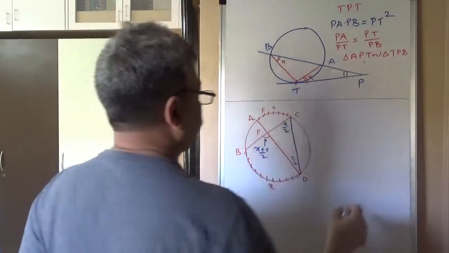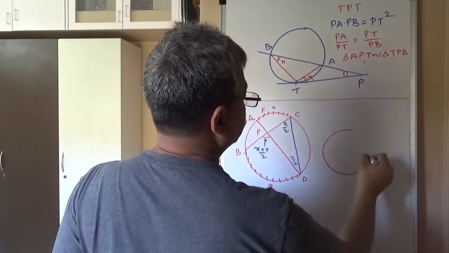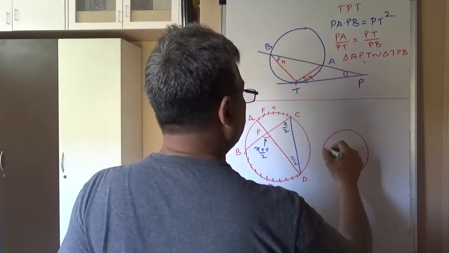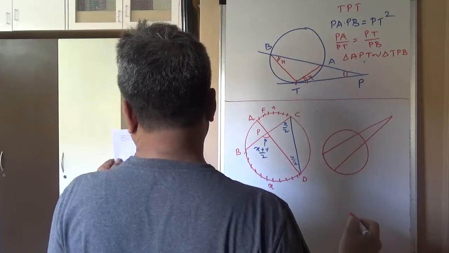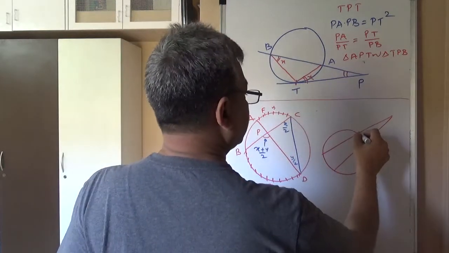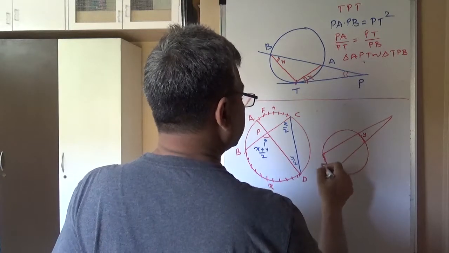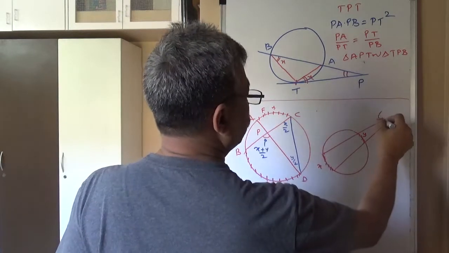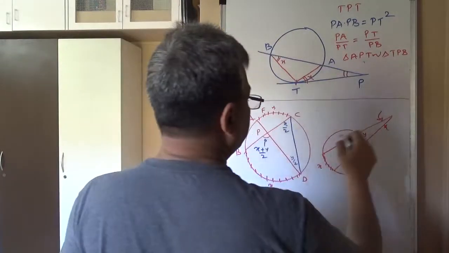Similarly, there is one more problem. If we have a circle and there are two secants, again arc AC measure is y, this arc measure is x, then what is the measure of this angle is asked. Again we have to create inscribed angles using these arcs.